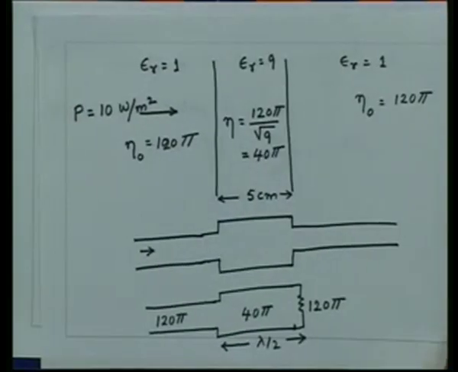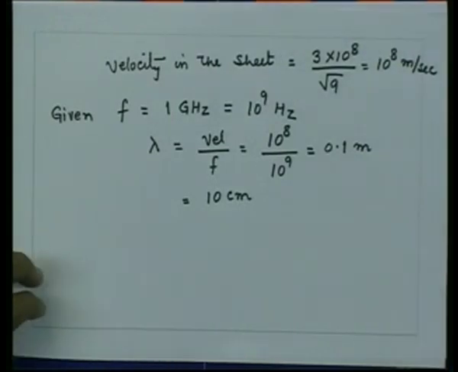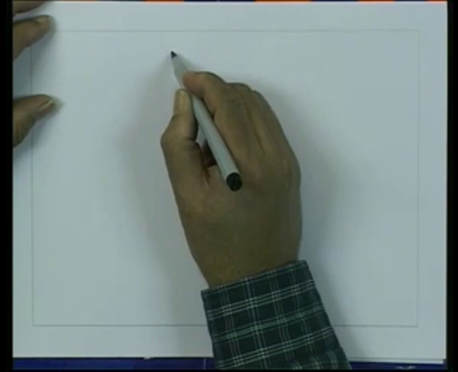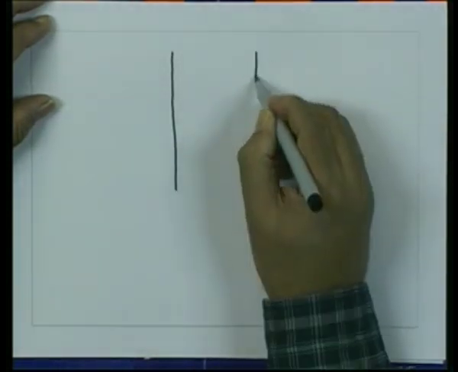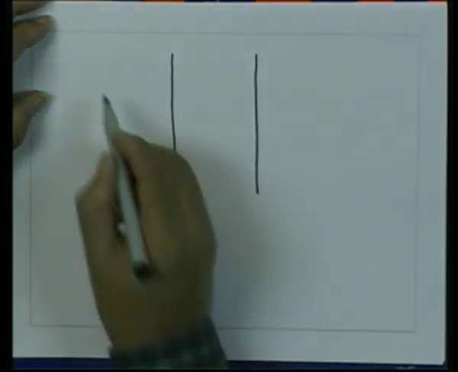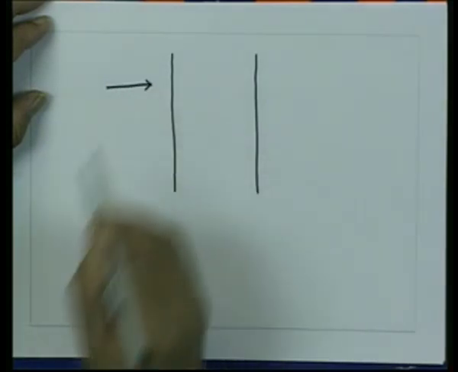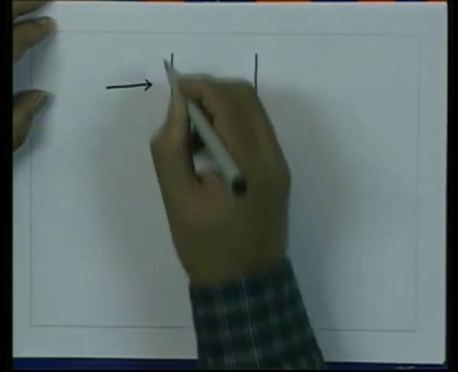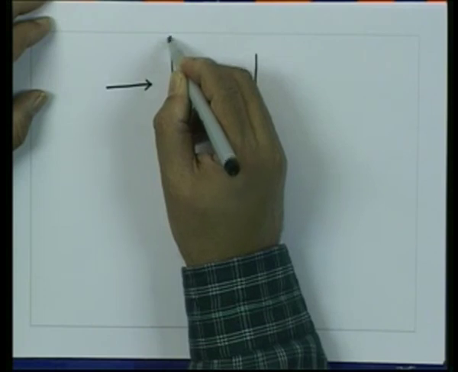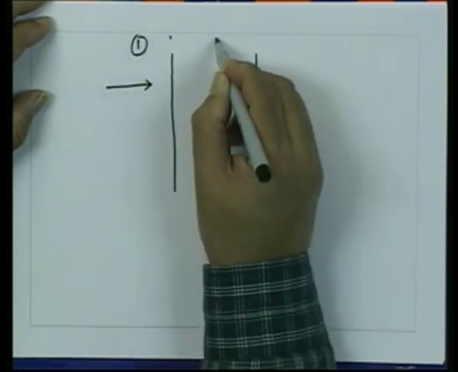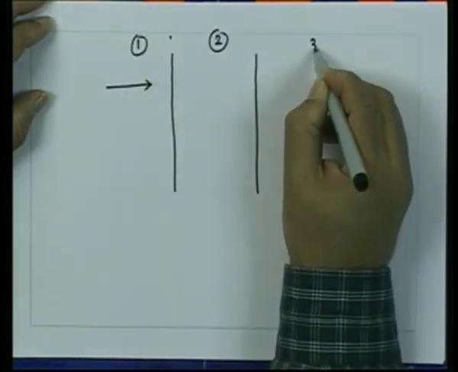The second approach is more of a wave approach. Consider this medium and the wave incident on it. Let us say this medium is 1, this medium is 2, and this medium is 3.